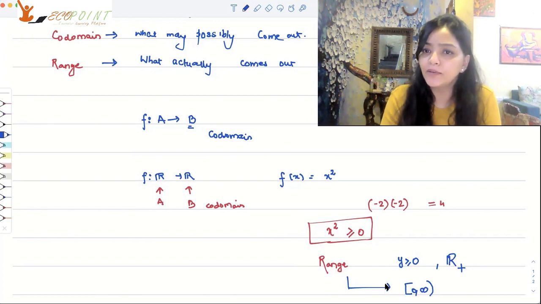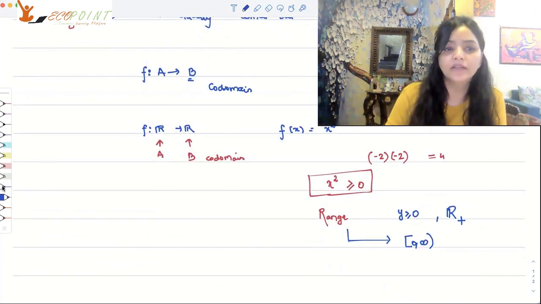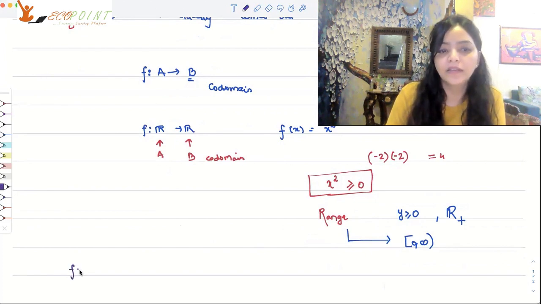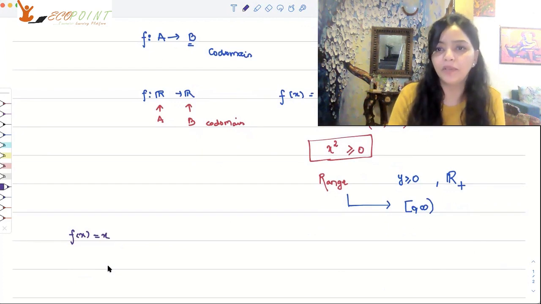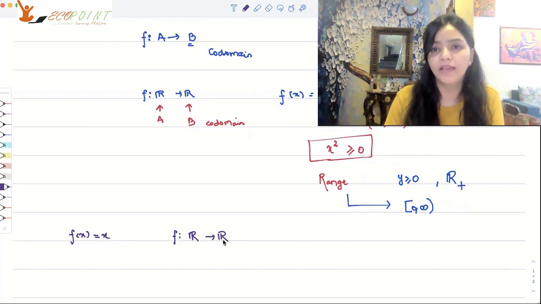There could be scenarios where codomain and range are the same. For example, if I take a function f(x) = x itself, what's going to happen here? Suppose, again, my assumption is that input could be any real number and possible output should also be real.